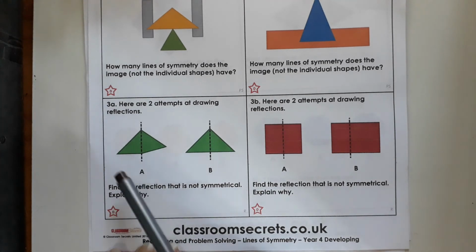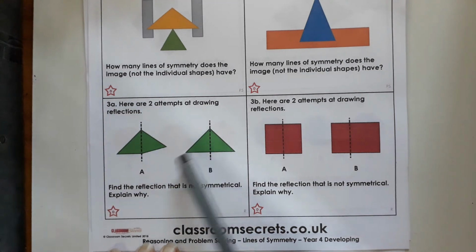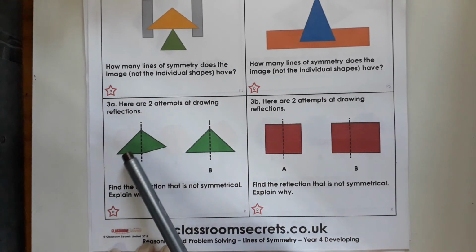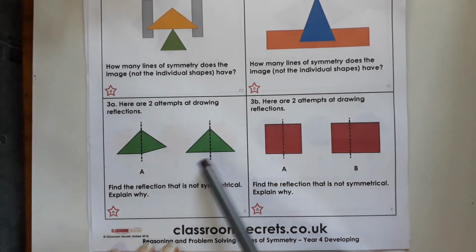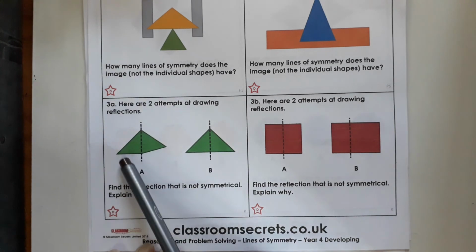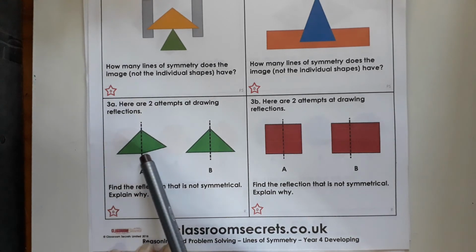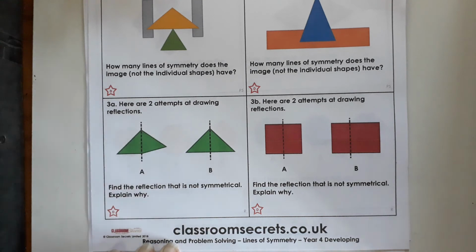So for A and B, this side of our line is the same, but when we look at the reflection, we can see that B is correct. It's the same on both sides, and A is not, because that line should continue going along horizontally.